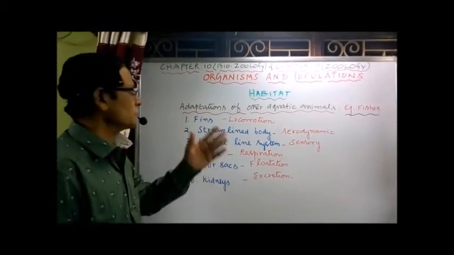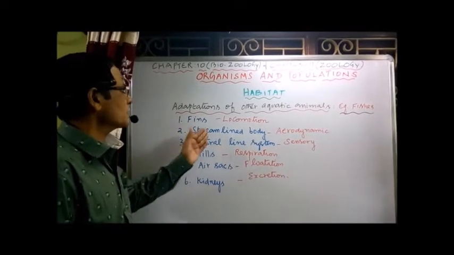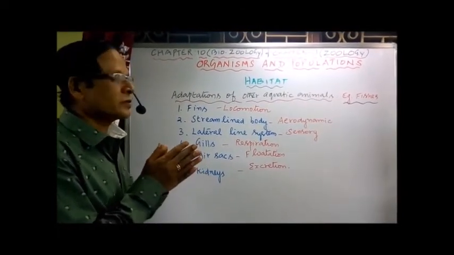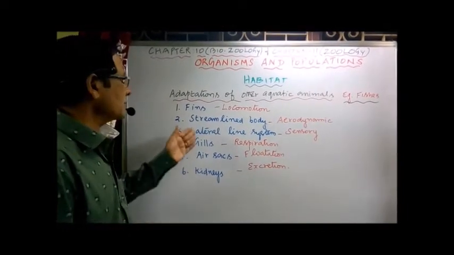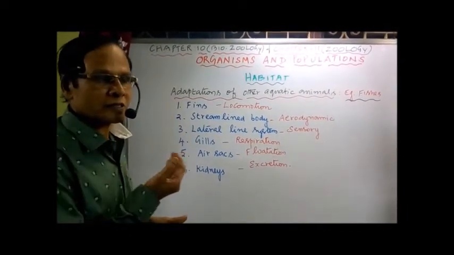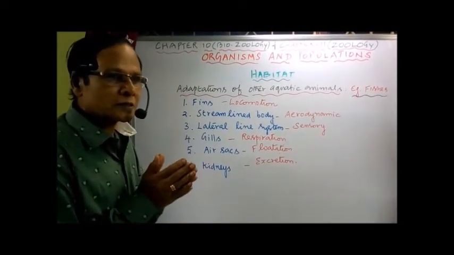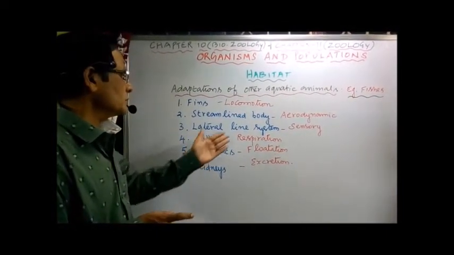What are the adaptations of other aquatic animals, say the fishes? They have fins for locomotion and a streamlined body. The lateral line sense organ is present on the lateral sides of the fishes in long grooves, concerned with sensory function. Gills are for respiration.